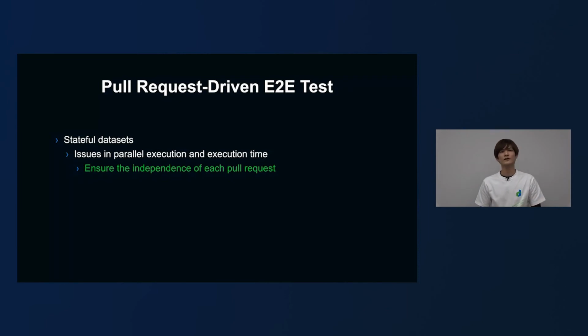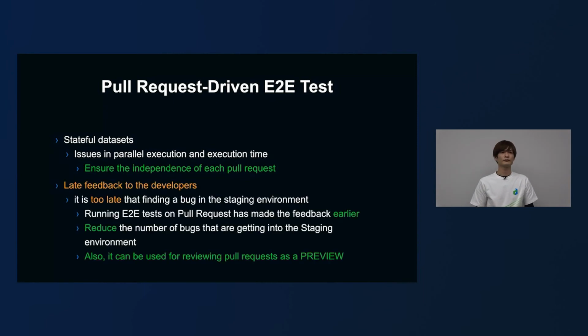By running the E2E test in an independent environment, the data dependency that caused problems with concurrency and execution time has been eliminated to some extent. The problem of slow feedback to developers has also been dramatically sped up by running E2E tests during the pull request stage before being merged into staging.